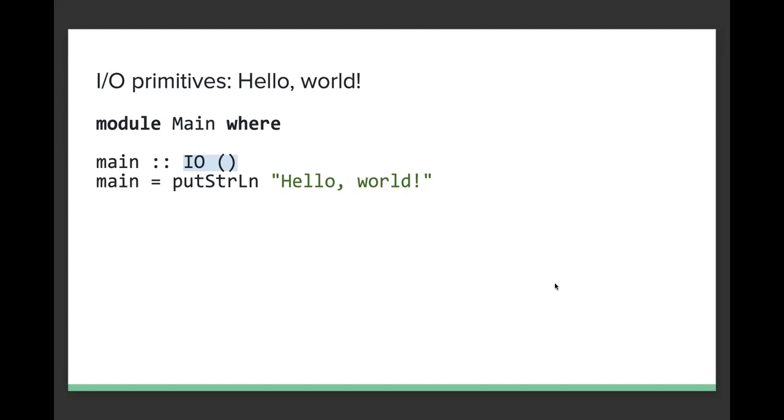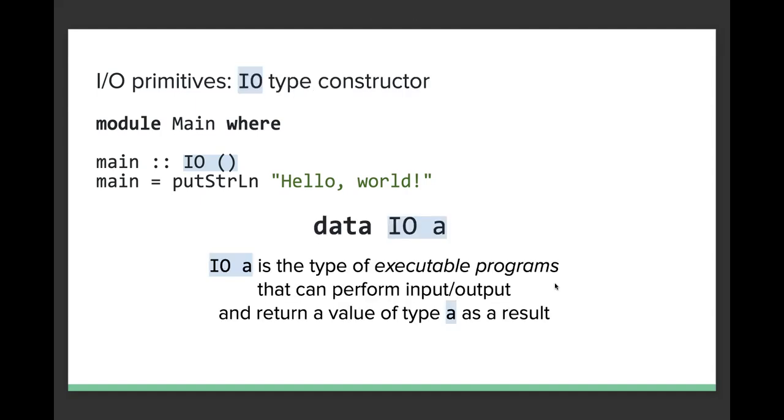What's important for us is that this type IO with the empty parentheses, IO is actually a type constructor. Remember that we can define type constructors which are parameterized by certain type variables. Somewhere in the base library, you have this data type defined, whose implementation is of course mostly defined by the compiler, not by an actual library, although you can imitate IO pretty well on your own.